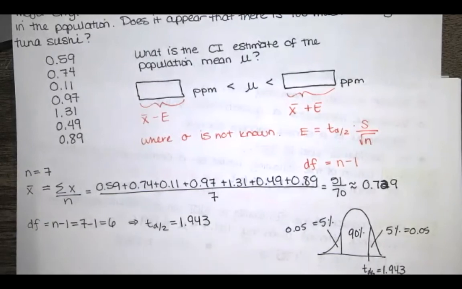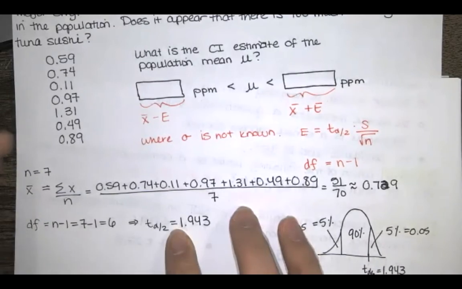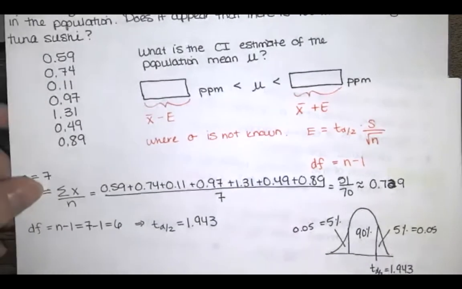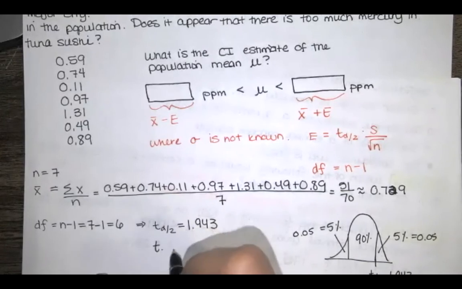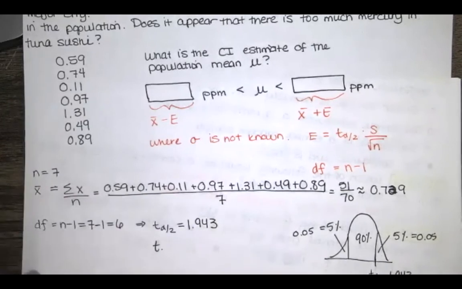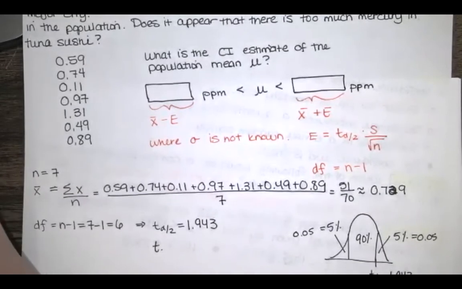So you can use the table that I'll give you during the exam to find this critical value of T, or you can use this function in Excel. Actually, let's go back to that Excel sheet. Sorry, here it is. I'm not sure that I'm sharing my screen right.